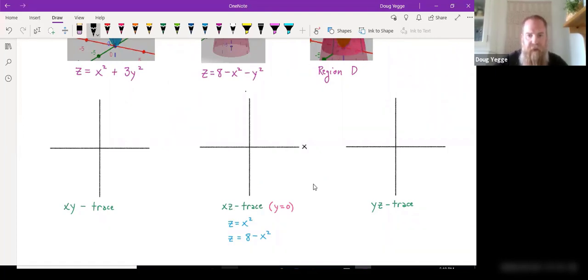If this is the x-axis and the z-axis, then obviously one of those is going to cross up at 8. And the other one will open upwards from the origin. So I know that this will just curve upwards here, while the 8 minus x squared will start up top and curve downwards.